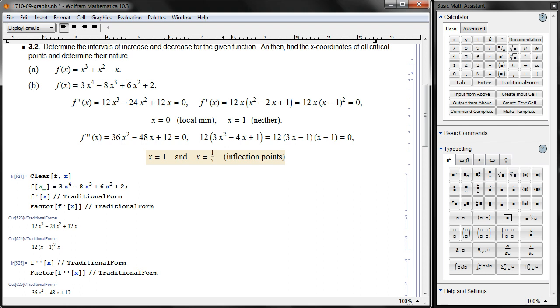These are the x-coordinates of the inflection points. So what conclusion can we draw? Let's see. We got local maximum, local minimum, neither, inflection point. Okay, let's go to the conclusion.